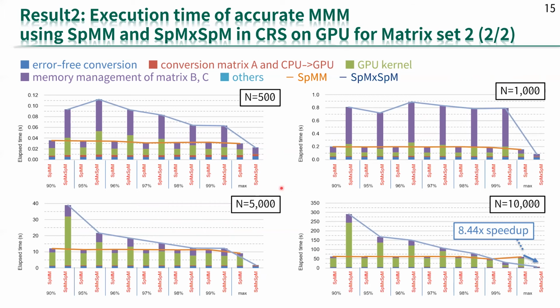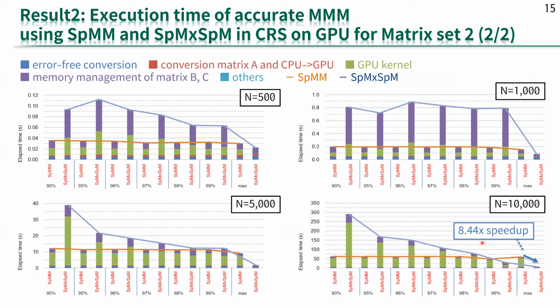In the case of n equal to 10,000, SpM beats SpMM when sparseness is 99% and above. This percentage is not very rare in large-scale simulations. The maximum speedup ratio from SpMM to SpM is 8.44.